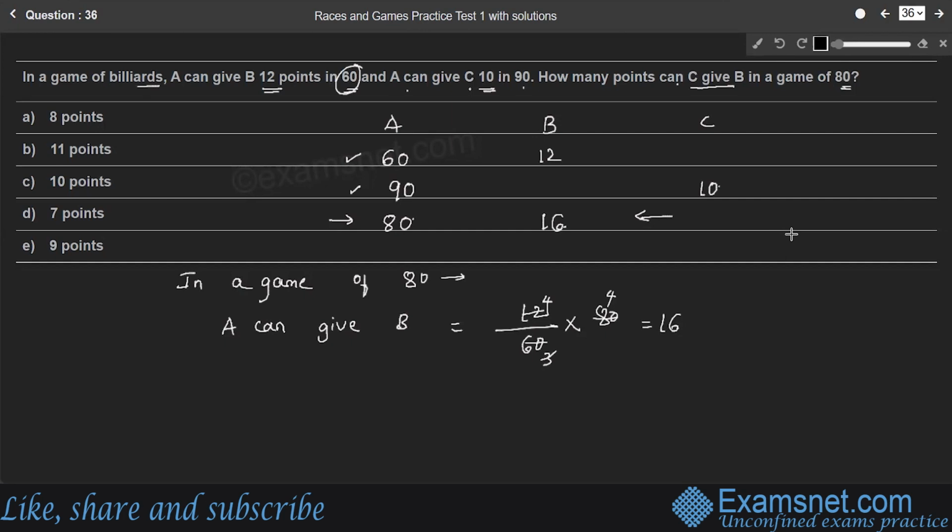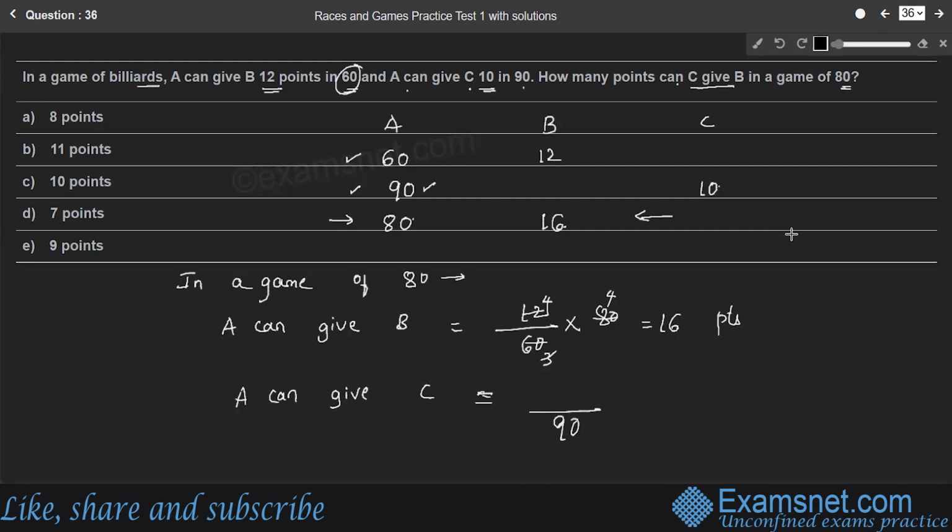And also to C, A can give C how many points? 16 points can be given to B. Similarly for C, we'll consider a game of 90. So in a game of 90, in the denominator it should be 90.